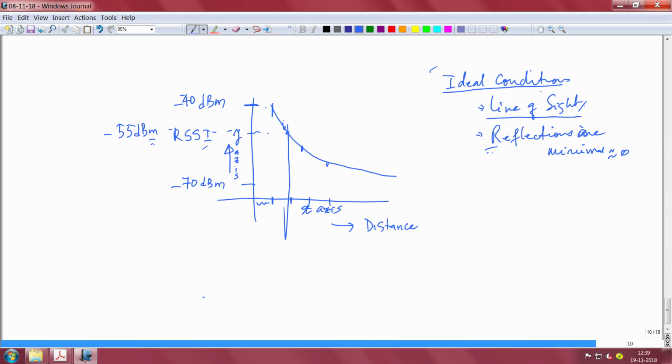So, RSSI, while it is useful to plot something like distance on the x axis and RSSI on the y axis, it is not so useful from a practical perspective, because the distance prediction you can do is over a very small fall in signal strength. Beyond that would almost be impossible.